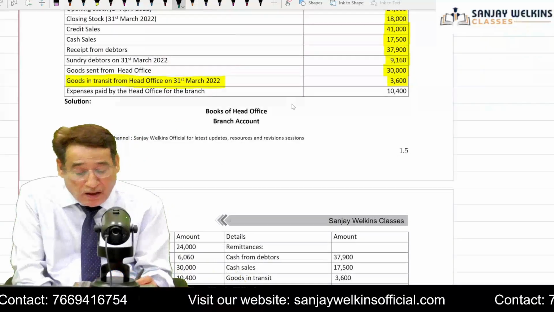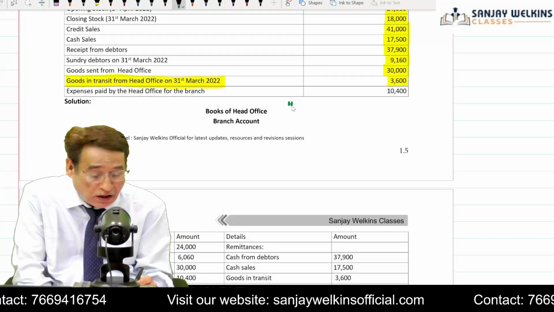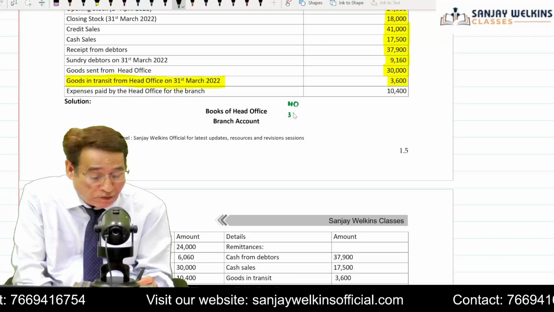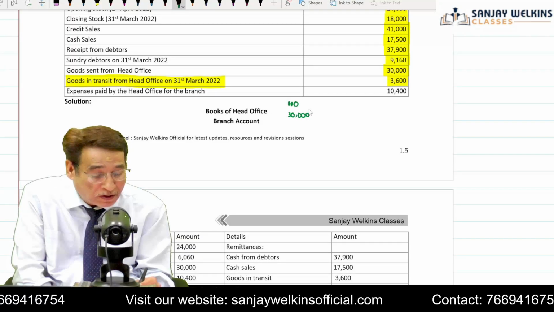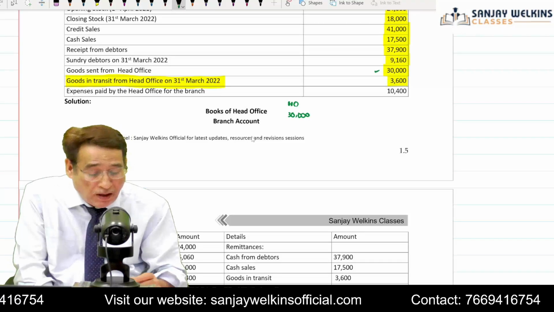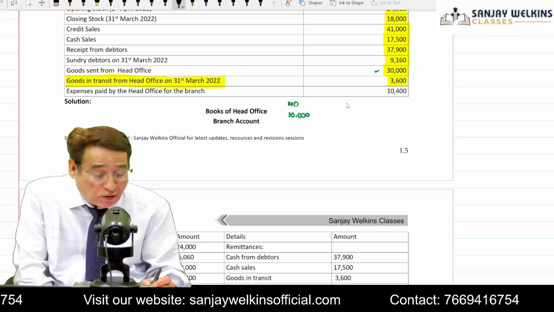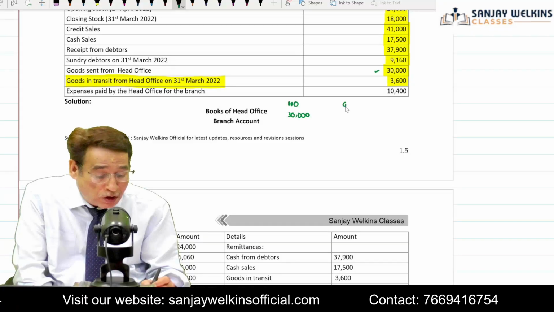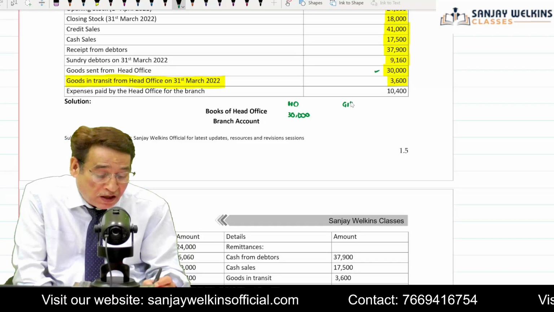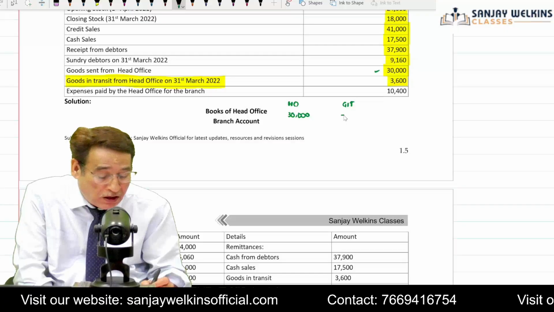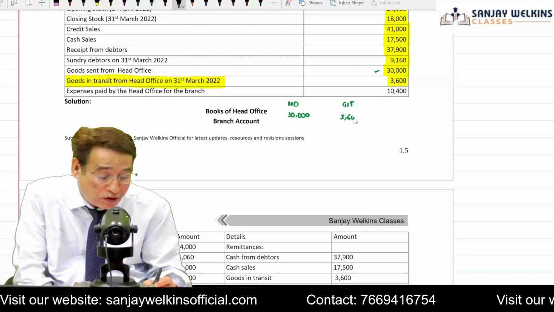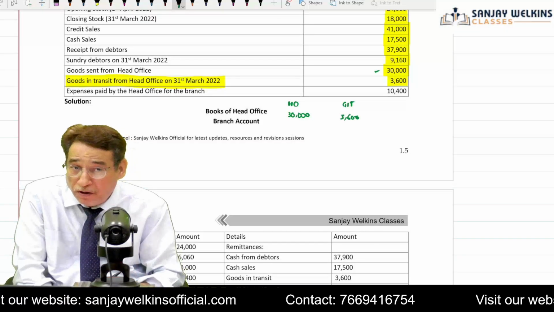See here, head office has sent 30,000 worth of goods. Here it is written that by the end of the year, there are some goods which are still in transit. In transit means still in the journey. That means these goods, 3,600 worth of goods, haven't been received by the branch.